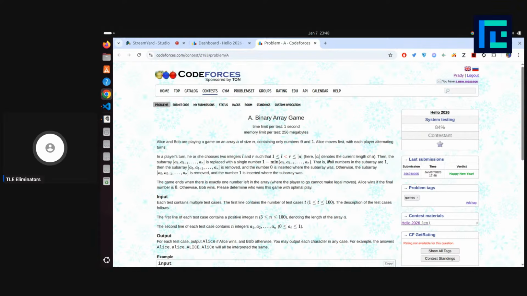That is, if all the numbers in subarray are 1, then the subarray is replaced with 0. Otherwise, the subarray is replaced with 1. The game ends when there is exactly one number left in the array. Alice wins if the final number is 0. Otherwise, Bob wins. Please determine who wins if they play the game optimally.